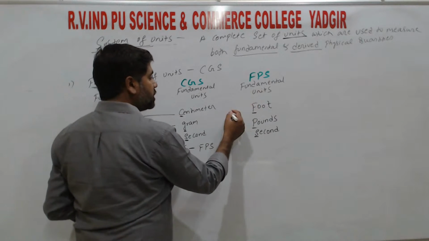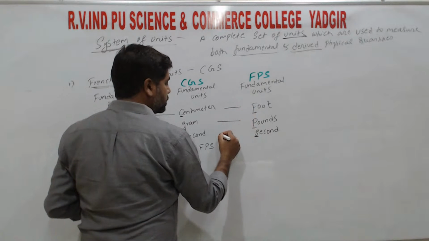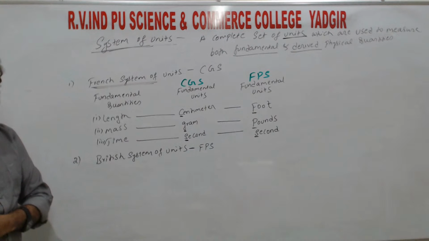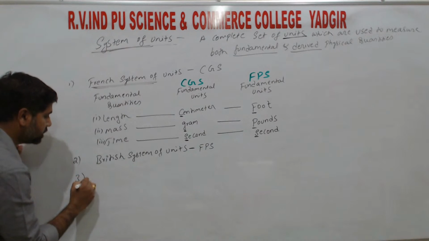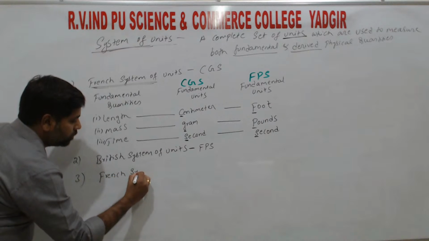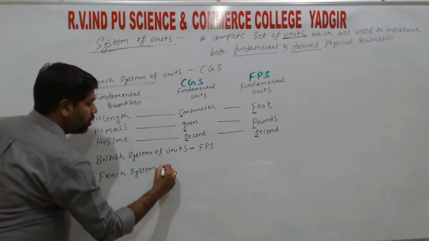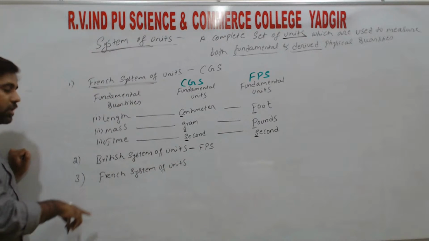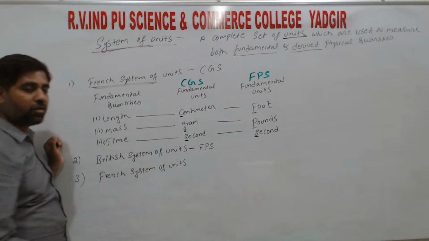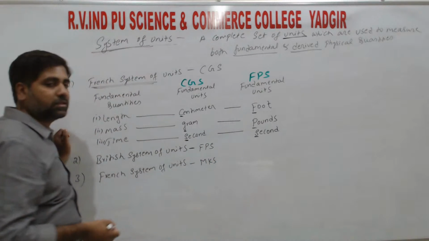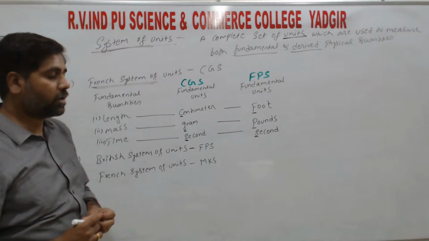This will help in the next chapter, where I will explain why we are using this system of units, right? So the third one is again the French system of units. Here we call it the MKS system of units, right?